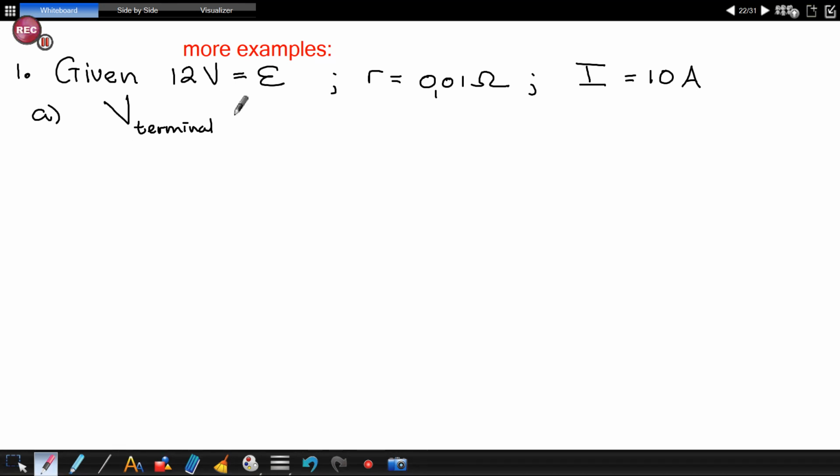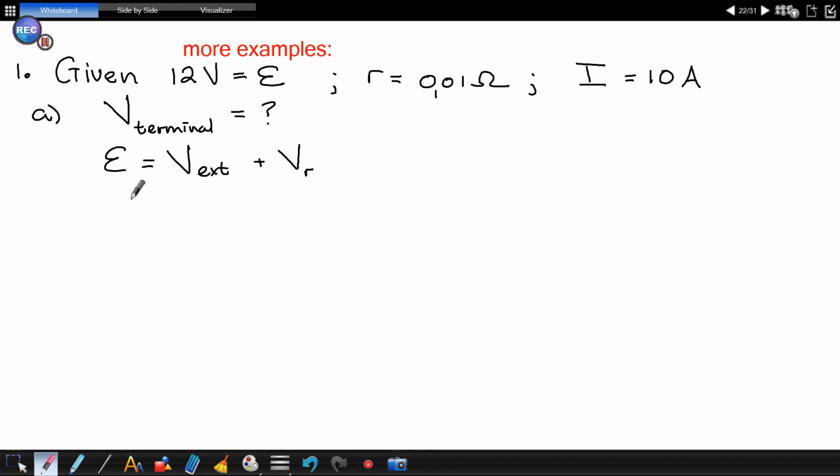The curly E equals the V external plus the V lost. Okay, EMF is V external plus VR. So that's another way to give you the lost voltage.